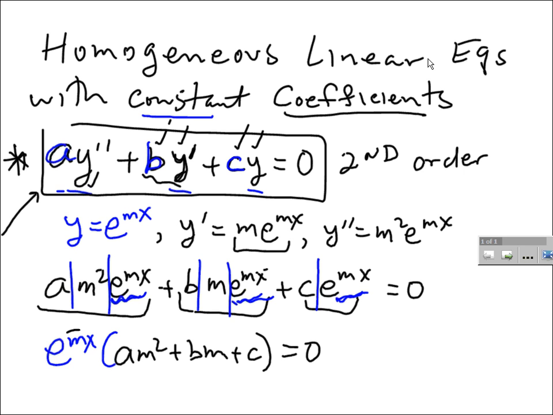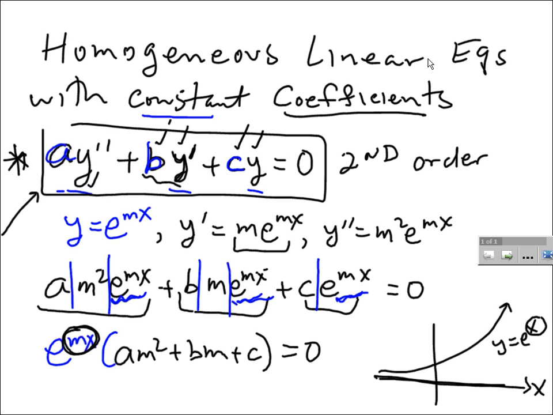Now, e to any power is always positive. You just look at the e to the x graph. It's always positive. I mean, mx is going to be some number, and e to any number, this graph is saying, is always positive. And if you multiply two quantities and you get 0, one of the two factors must be 0. And it isn't this one.